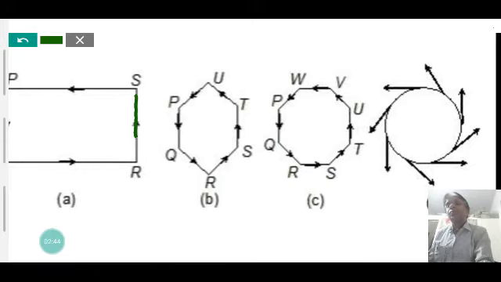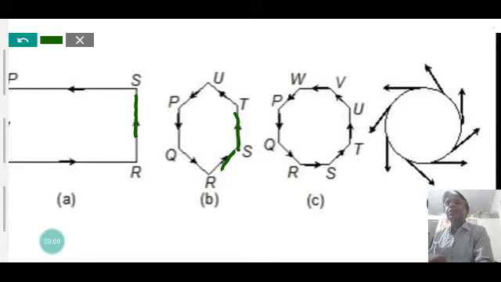When the number of sides of the polygon increases, and it becomes a hexagon, then the direction of the body moving along the hexagon changes 6 times. If we start from R and reach S, it changes its direction.